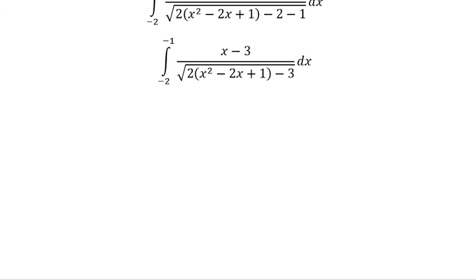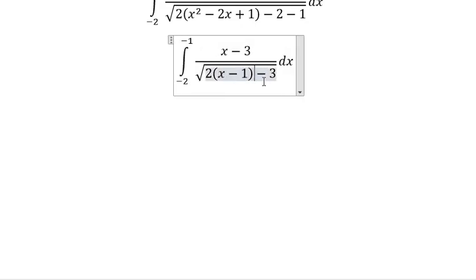Next, we need to use integration by trigonometric substitution. In here, we go about x minus 1 to the power of 2.